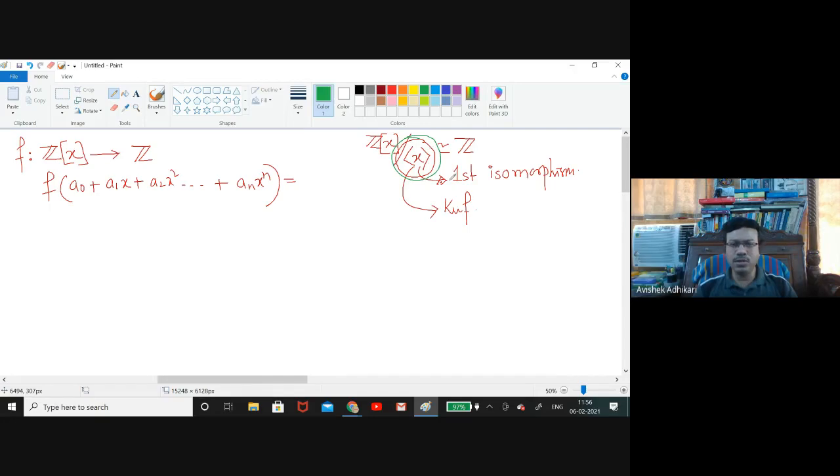In ring theory, this kind of symbols are very important, and every year many of the questions are asked using this kind of symbol. So we must pay some extra attention to this kind of thing. Okay, so now let us switch from this topic to another topic, and then again I will come back to this particular problem. But before that, let me first try to explain this symbol.